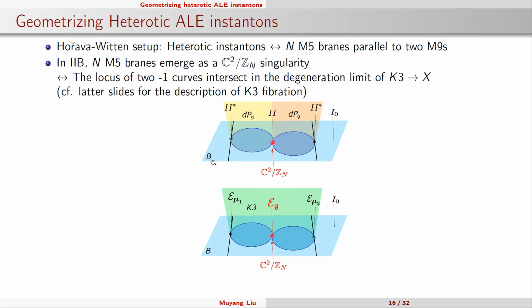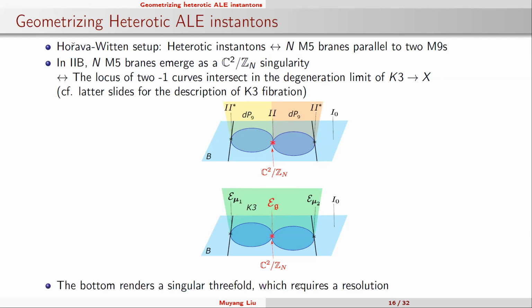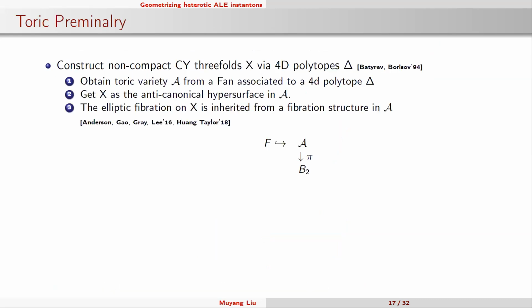So I will talk about more details of the K3 fibrations in the later slides. Due to the incorporation of the Kodaira fiber G in the middle, the bottom is a reference to the singular threefold, which needs resolution by blow-up in the middle that gives you the full 6D quivers.